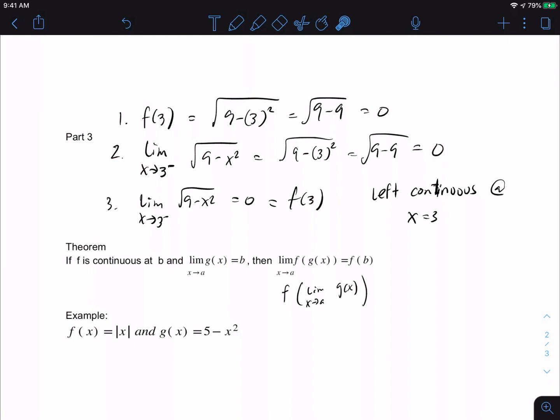But what is the limit as x approaches a of g of x? What's that say it's equal to? b. It's equal to b. So that tells me that this thing in the parentheses is equal to b. So if that's equal to b, then I'm going to get f of b. Make sense?